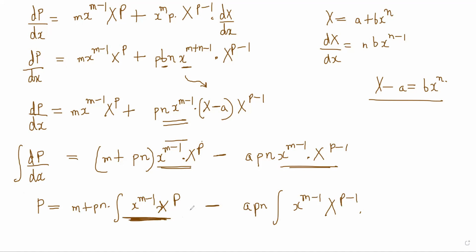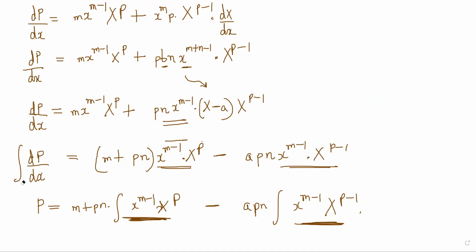Now this was your initial I, right? And this was your I which was reduced, right? So what we can say is my reduction formula is becoming, I will just write it here, P is equal to (m + pn) I(m-1, p) minus apn I(m-1, p-1).